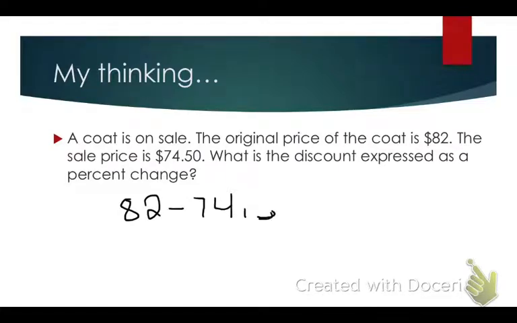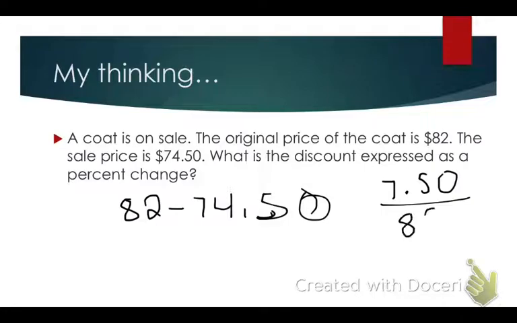All right, so 82 minus 74.50 would be, and I'm okay if you use a calculator today, $7.50. And I would take that and divide it by 82. Always divide by the original amount.